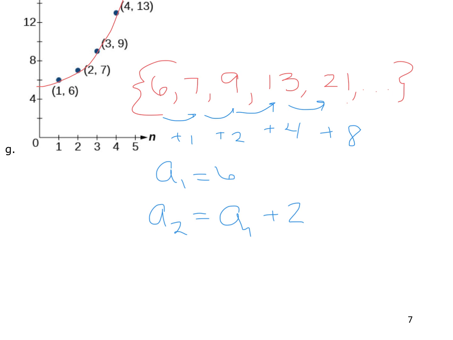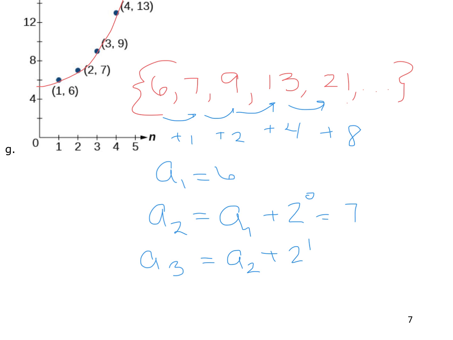So let's do 2 to the 0. Well, a sub 1 is 6, 2 to the 0 is 1. Let's do a sub 3. That's a sub 2 plus 2 to the 1. Is that going to work? I have 7, because that's a sub 2. 7 plus 2 to the 1, oh, that's 9. So I think that might be it.